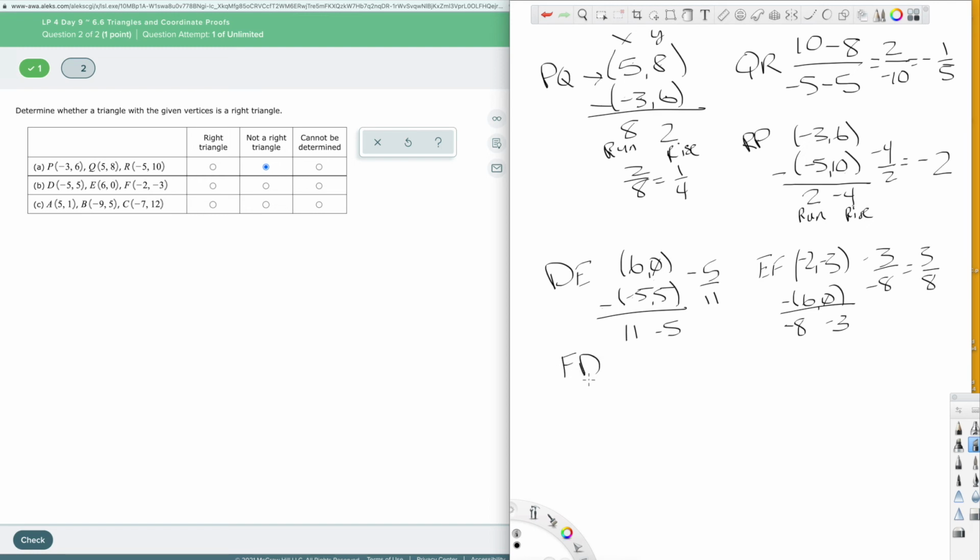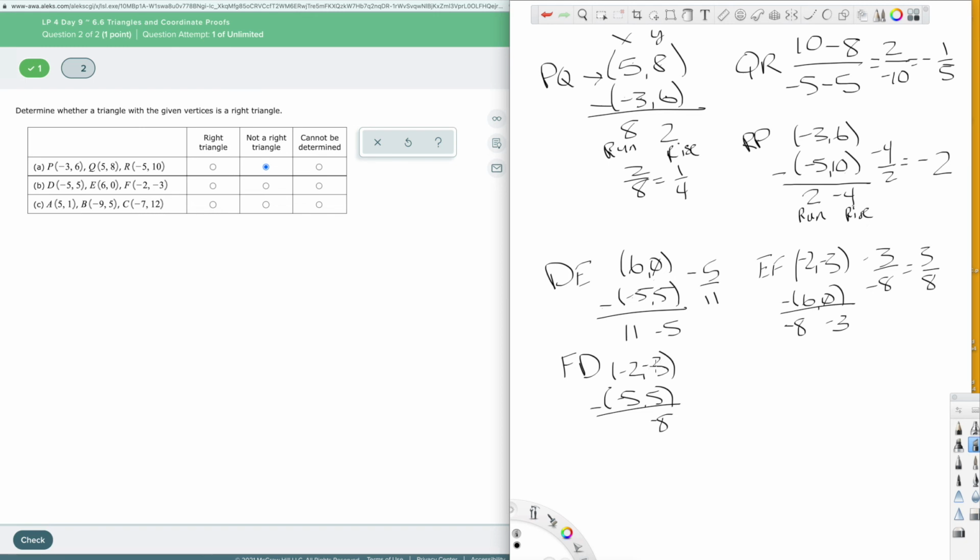FD. So I can go -2, -3 over -5, 5 minus. So -3 minus 5, that gives me -8. Sorry, I counted 8 and then 3 more, I don't know why I said 11. So that gives me -8.